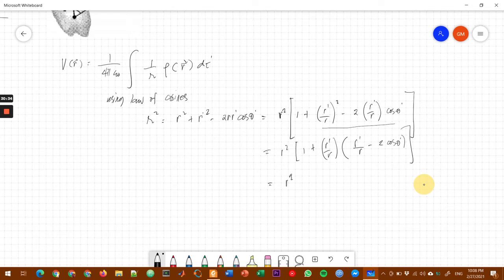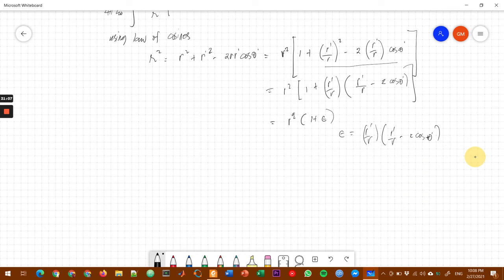So this is r squared times 1 plus epsilon, where epsilon is a very small value. Epsilon is just r prime over r times r prime over r minus 2 cosine theta prime. Alright, so that would be your epsilon.